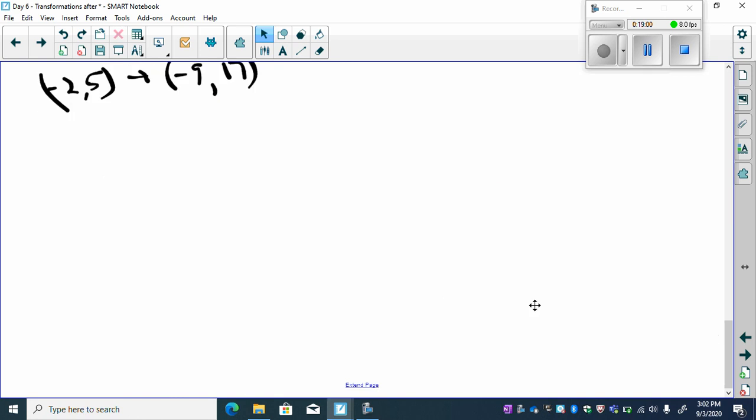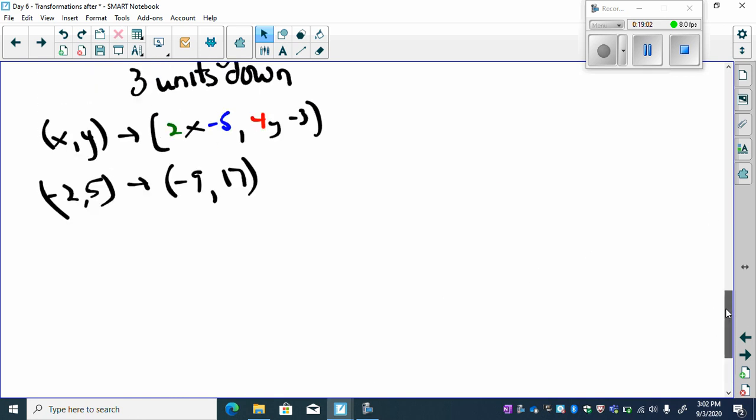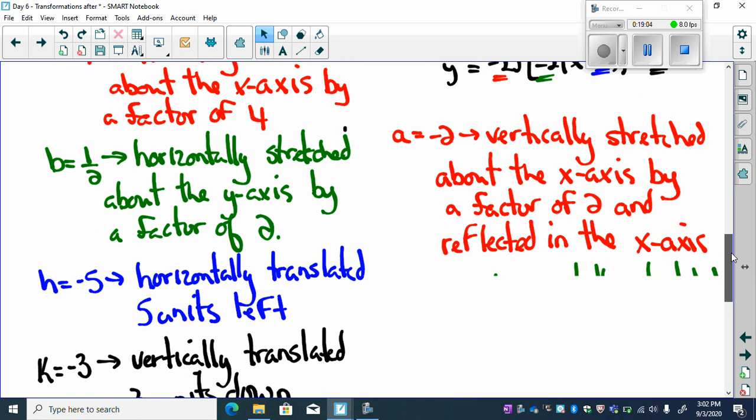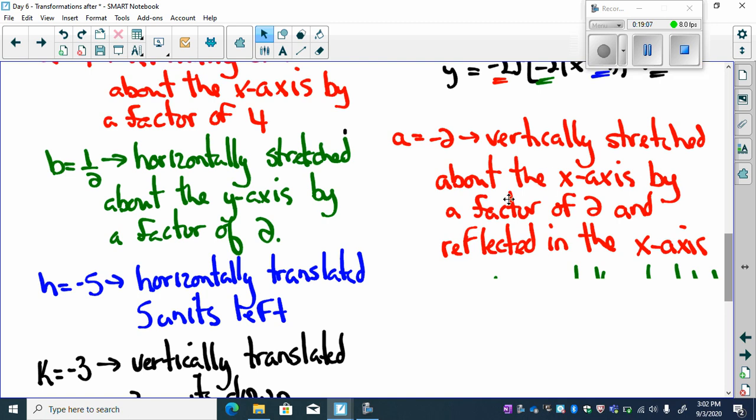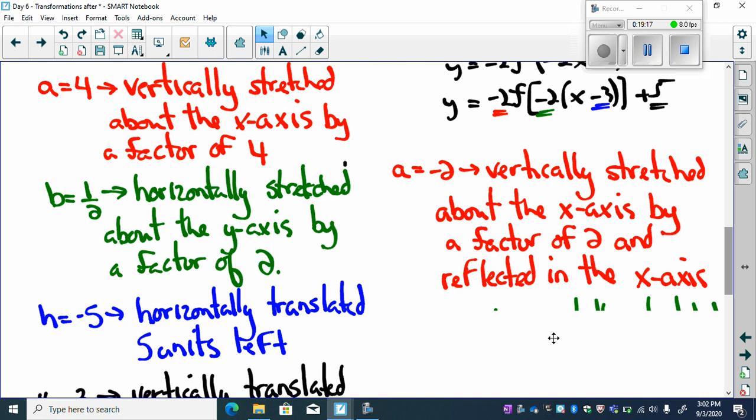A is -2. Watch this. 2 things. Vertically stretched about the x-axis by a factor of 2, and reflected in the x-axis. B is -2.